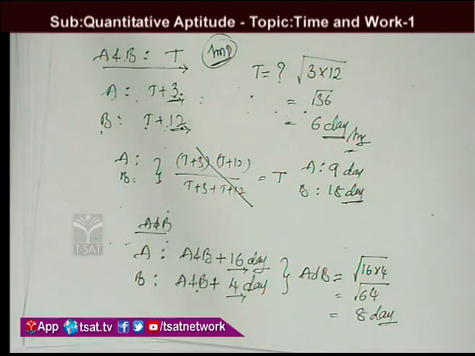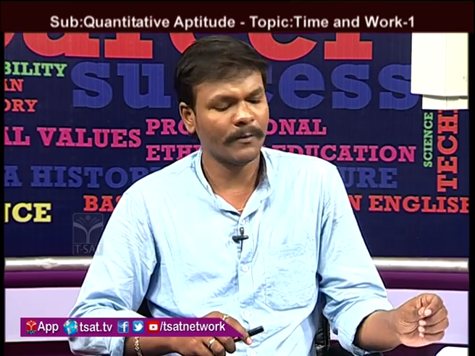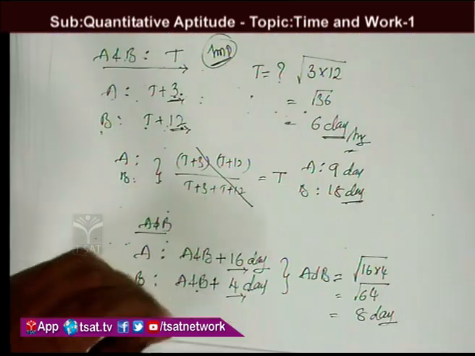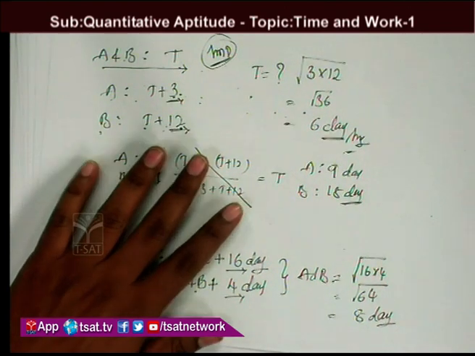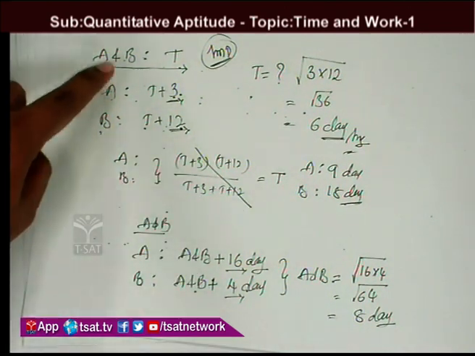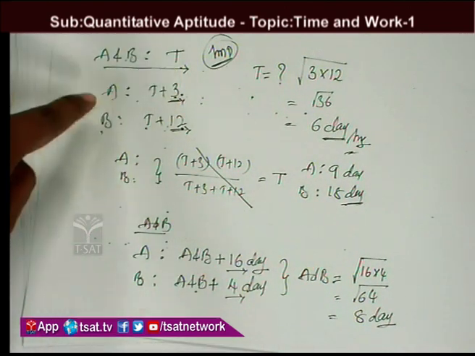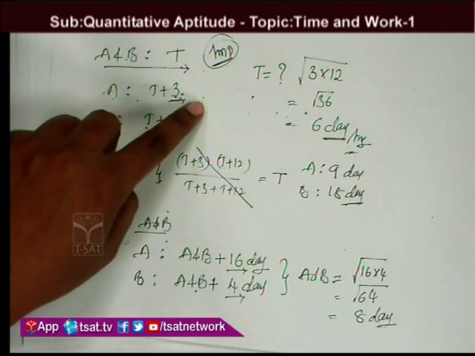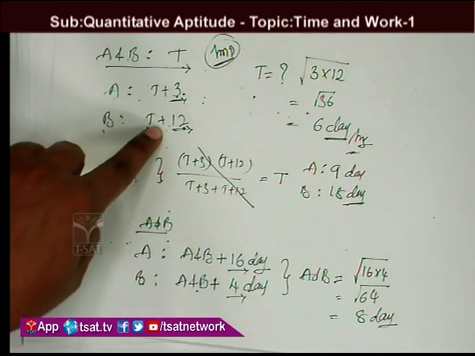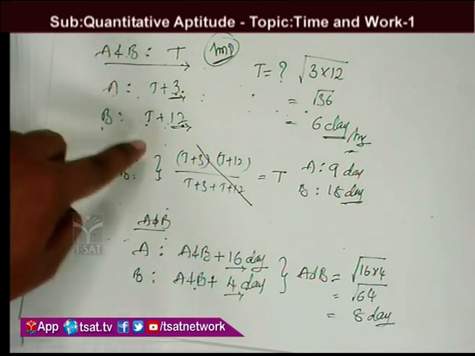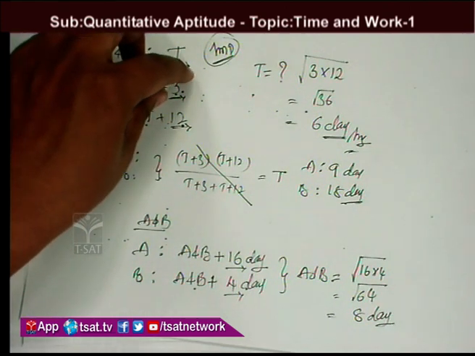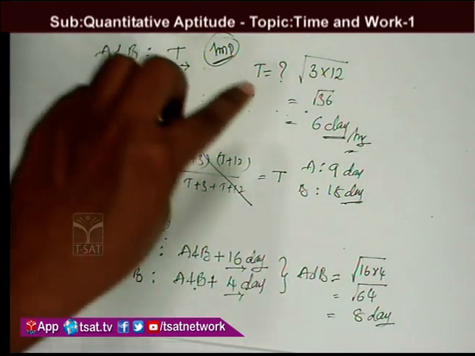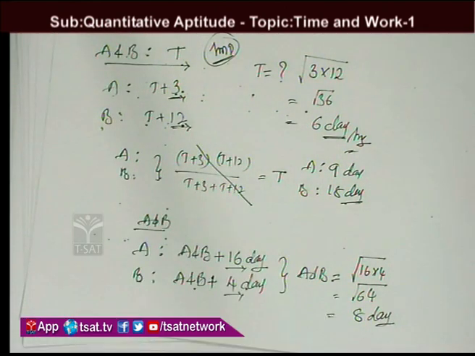A very, very important question where solving the problem has a tricky and very useful trick. So, you have to remember this. What is the question? If A and B together take T days, A alone takes 3 days more, B alone takes 12 days more. So A and B together take the square root of the multiplication of 3 and 12, root of 36, which is 6 days.